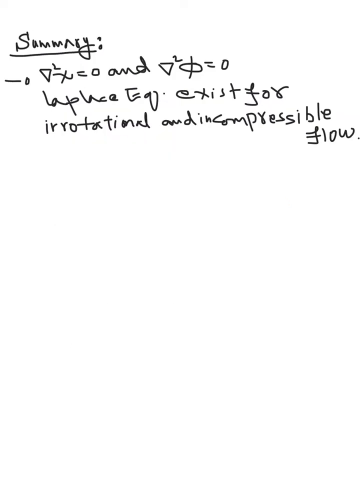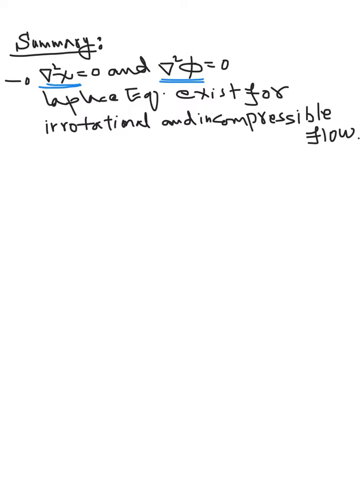Now I would like to provide some summary and details of the topic that we have been covering, which is potential flow theory. Previously, if you remember, we have derived these two equations for the stream and potential functions. These are the Laplace equations and exist for irrotational and incompressible flow fields.